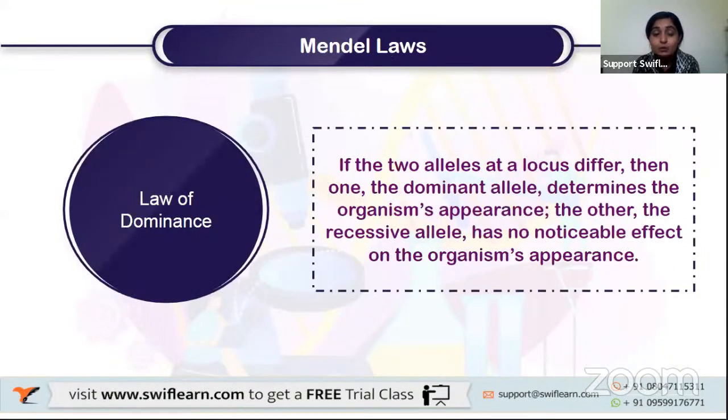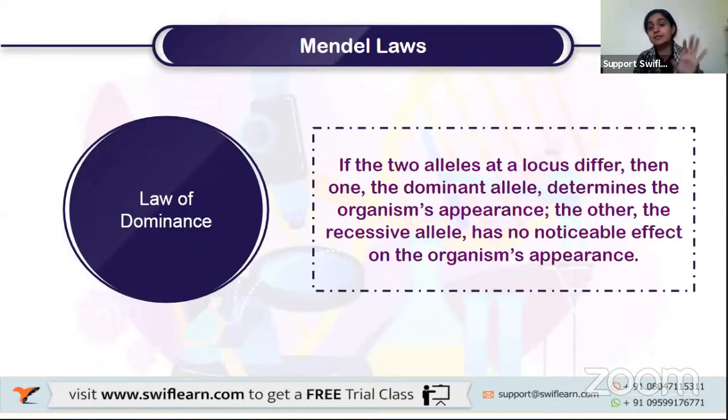Mendel's law, like the law of dominance: if the two alleles at a locus differ, then the dominant allele determines the organism's appearance. We saw that always the dominant one determines how exactly the organism is going to look. The other, the recessive allele, has no noticeable effect on the organism's appearance.